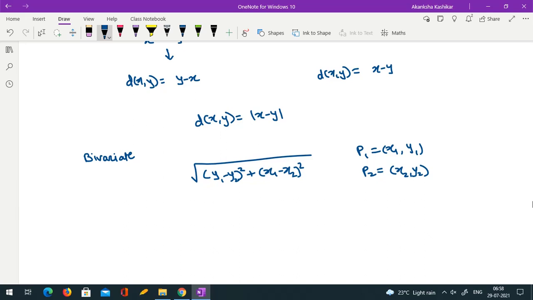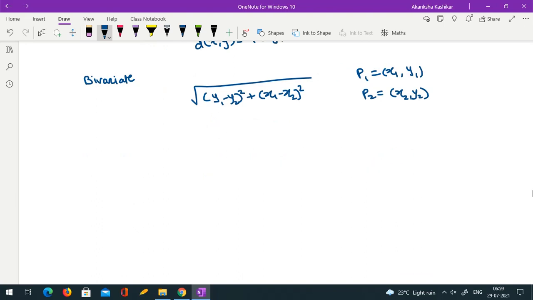What were the properties of distance function that you have studied? Can someone list the properties? It will be non-negative. Okay, the first property is that distance function should be non-negative.